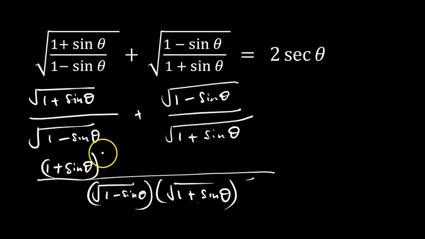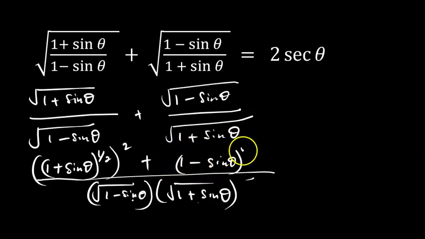Let's change that root to raised to power half, which is the same thing, all squared, plus the root of 1 minus sine theta times the root of 1 minus sine theta. That's 1 minus sine theta all raised to power half, all squared.